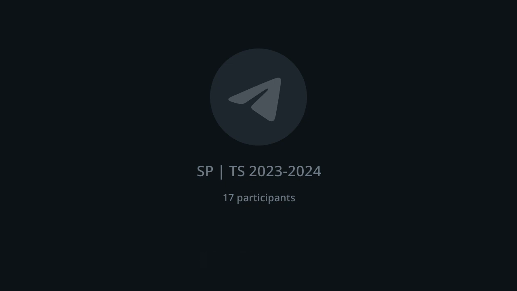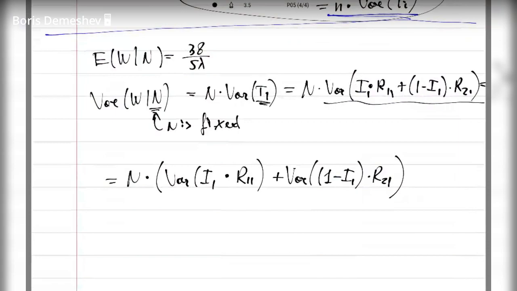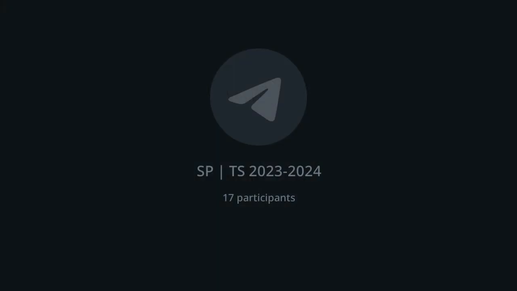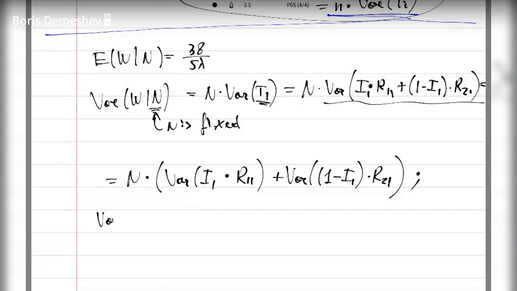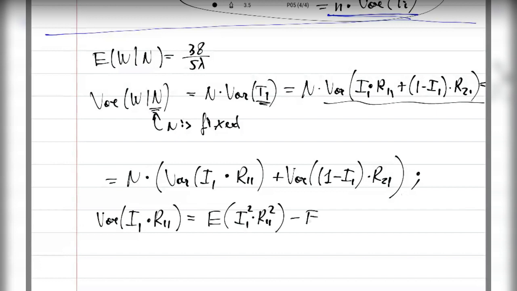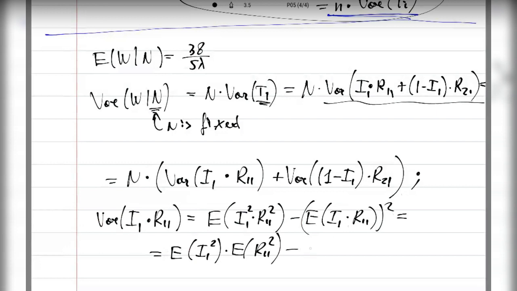Okay, so let's calculate the variance of every term. What is the variance of I1 times R11? That's the expected value of (I1 times R11) squared minus the square of the expected value of I1 times R11. So it's the expected value of I1 squared times the expected value of R11 squared, minus (the expected value of I1 times the expected value of R11) squared.